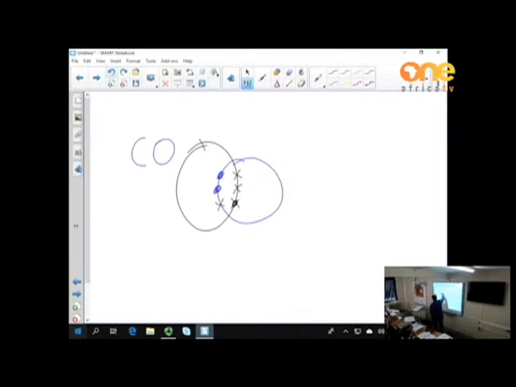Oxygen's 1, 2, 3, 4, 5, 6. There we have carbon monoxide. No, the carbon. Oh, I've got it the wrong way around. The carbon.